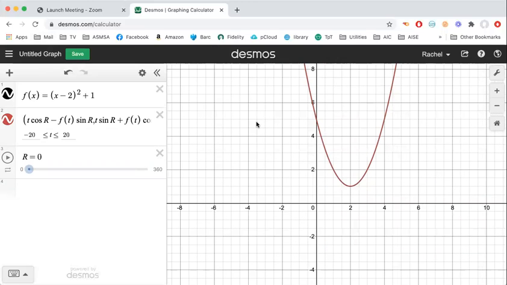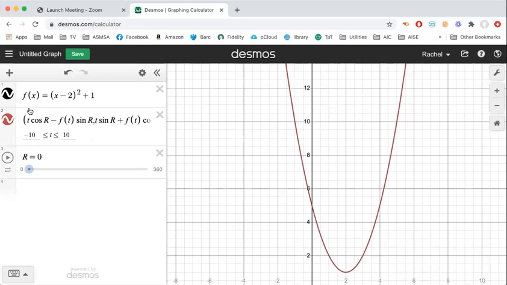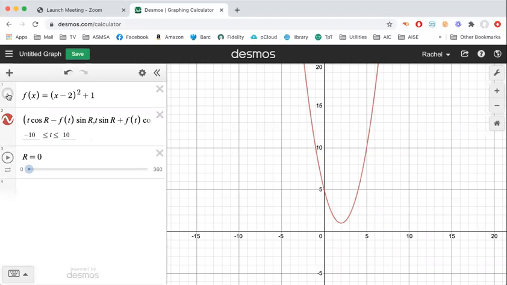For whatever you need to set for how much of your graph needs to show, you can play with this a little bit. That's going to help you define how much of that graph is showing or not showing on your graph.